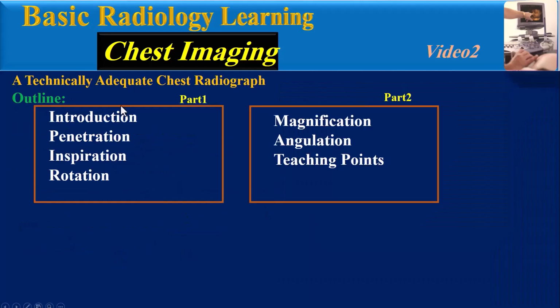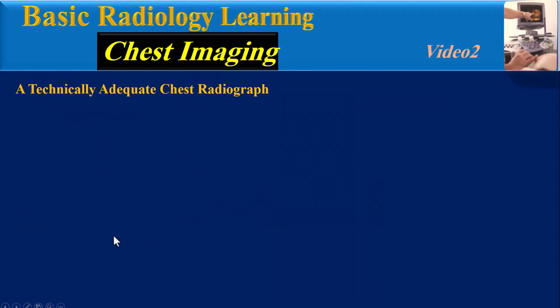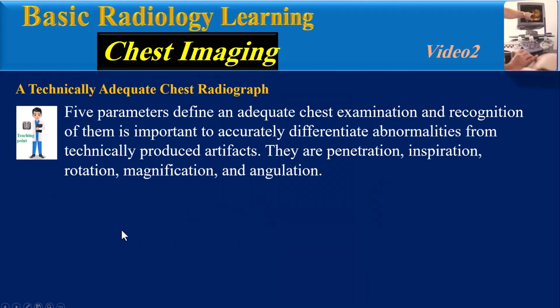Now, please pay attention to the final teaching points of these two videos. Five parameters define an adequate chest examination, and recognition of them is important to accurately differentiate abnormalities from technically produced artifacts. They are penetration, inspiration, rotation, magnification, and angulation.